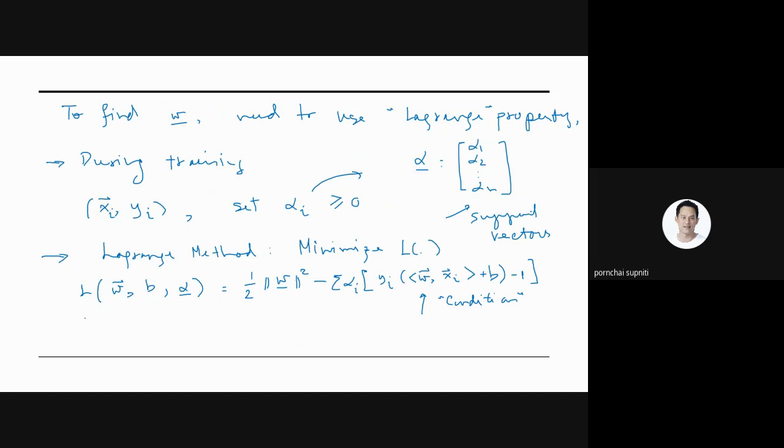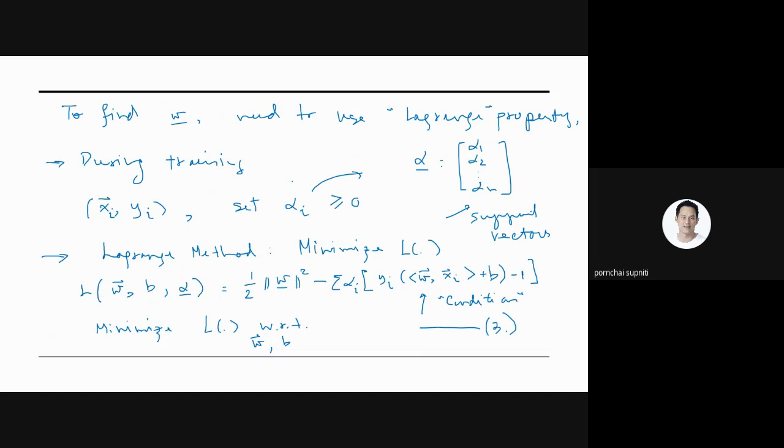So in the Lagrange algorithm, it is trying to minimize the Lagrange function with respect to W and then b. Let's call this equation 3.